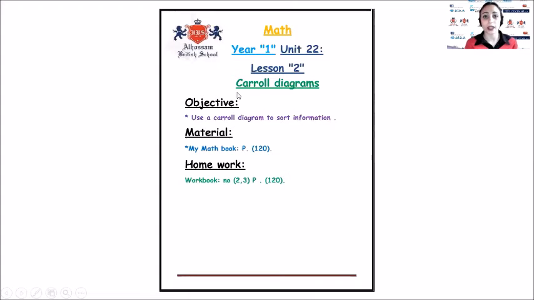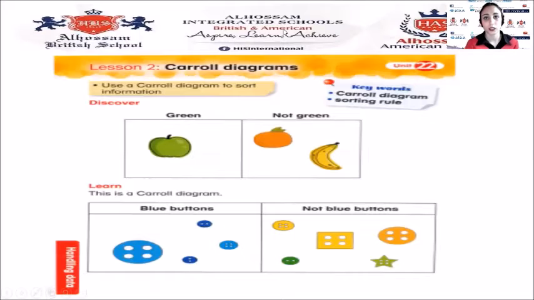Our objective is to use a carroll diagram to sort information or to group things. You're going to use your student book page 120, and your homework will be numbers 2 and 3, page 120 in your workbook. Now, get your student book and open page 120.